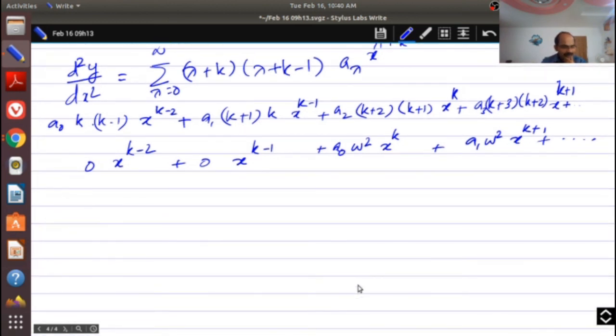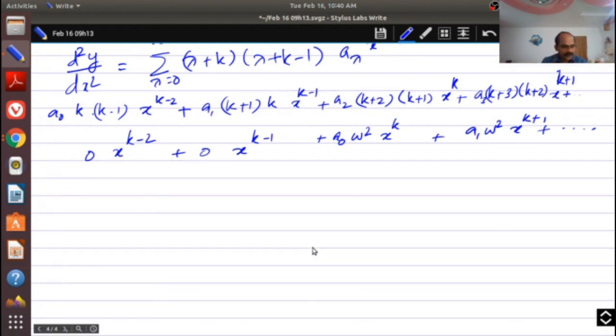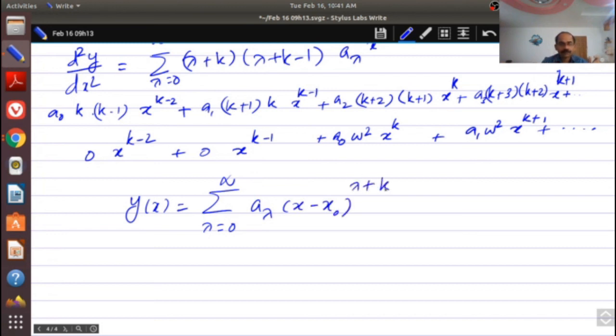There is one more trick. If the equation is having a constant x0, you can generalize this y of x as summation lambda equal to 0 to infinity a lambda into x minus x0 raised to lambda plus k, again a0 not equal to 0.